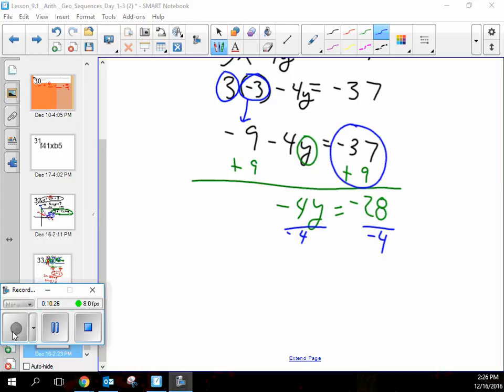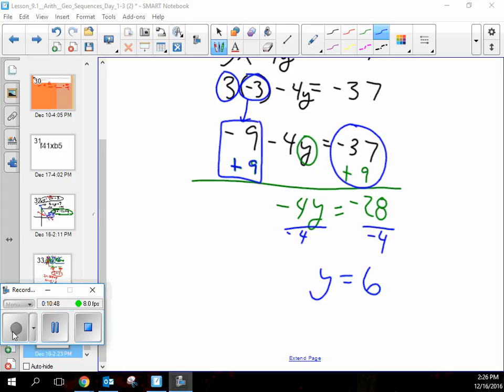We didn't add -9, we added +9. Because -9 and +9, do you just look at these two? Just these two. See how they're opposites? All right. So we added 9 to both sides. Final answer, negative and a negative makes it positive. 6 times 4 is 28, so this must be +6.